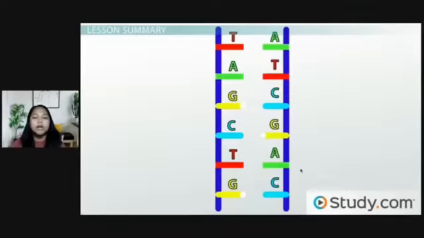So this right here is an illustration. Thymine would always be paired with adenine, and of course, there would be 2 hydrogen bonds between them. Your guanine would always be paired with cytosine, and vice versa, with 3 hydrogen bonds between them. You did this in your high school, no? High school biology, ginawa nyo to. Partner nyo yung adenine with thymine, thymine with adenine, guanine with cytosine, and so on.